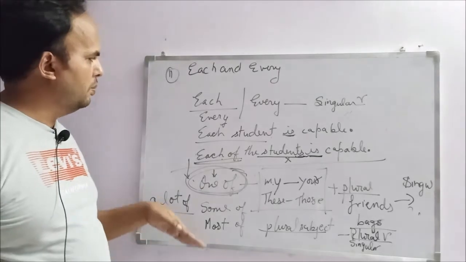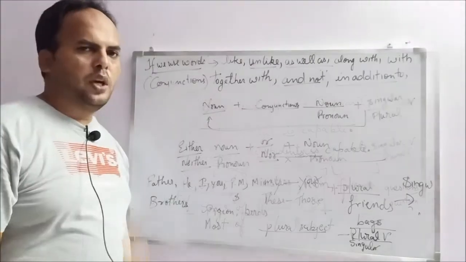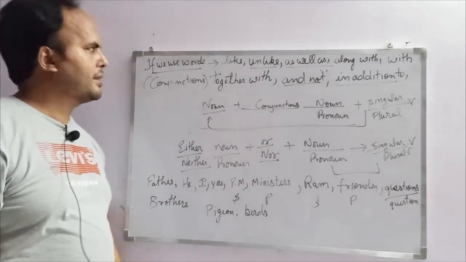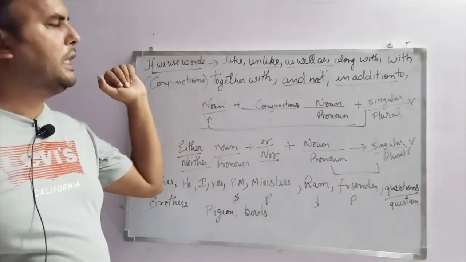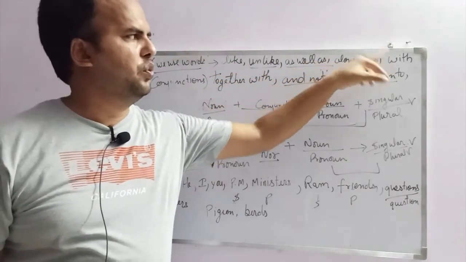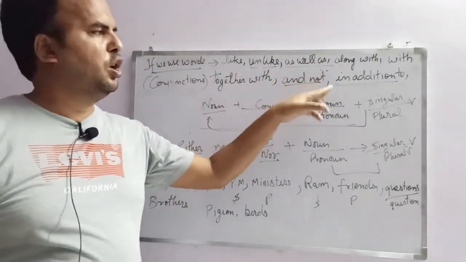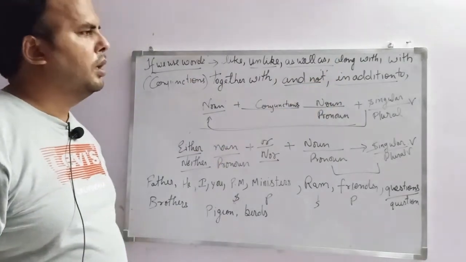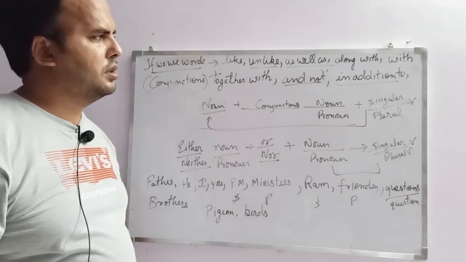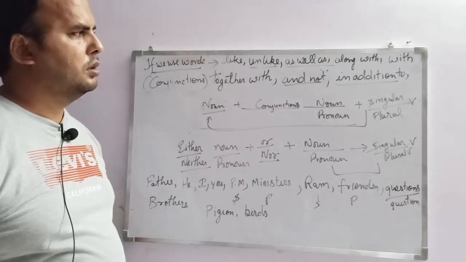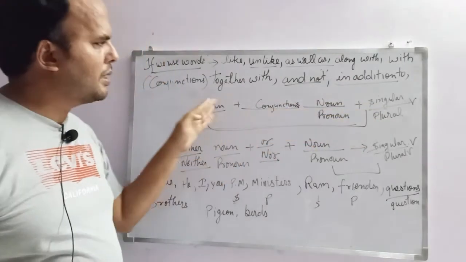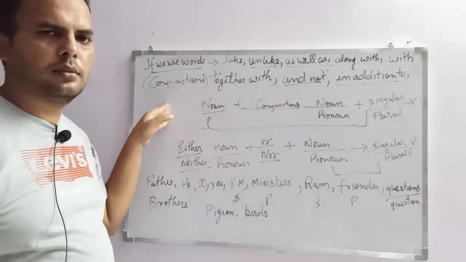So we are moving to rule number 12. We are on rule number 12, and it says, if you use such conjunctions like, unlike, as well as, along with, together with, and not, in addition to, then we are going to use the verb according to the subject which comes first.